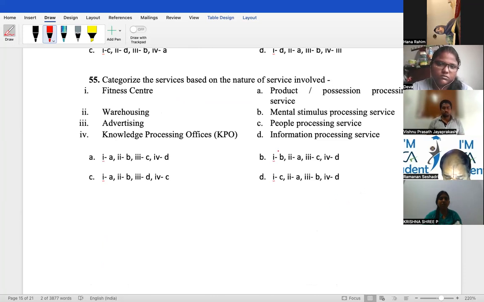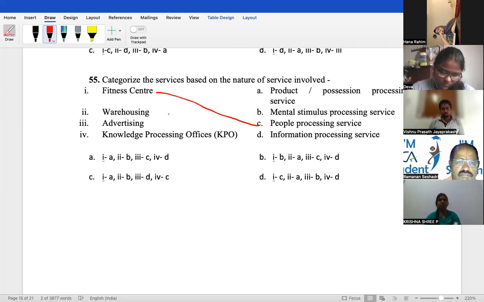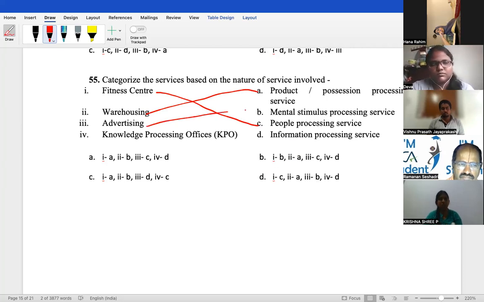Fitness center, people processing, right? Warehousing for product possession processing. Advertising, mental stimulus. And KPO, information. Yes. Option D. D is correct.